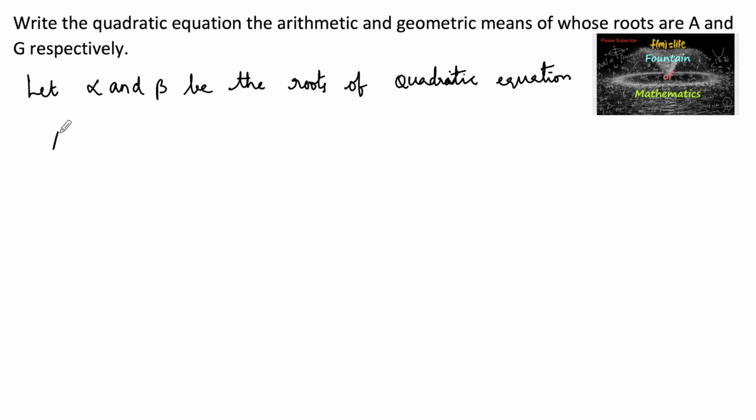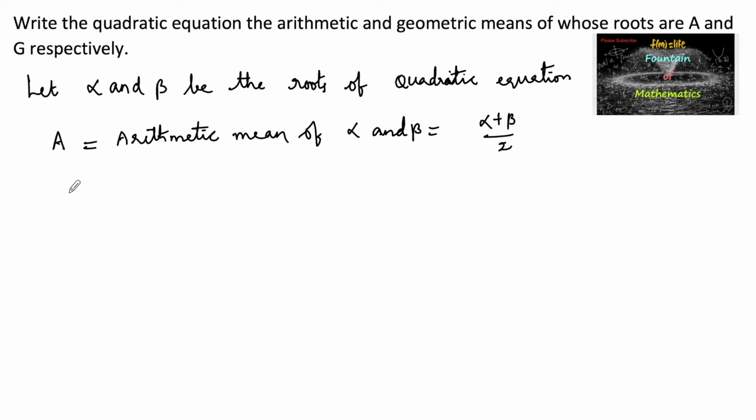It is given that capital A is the arithmetic mean of the roots alpha and beta, which is alpha plus beta by 2, and capital G is the geometric mean of alpha and beta, which is root of alpha beta.